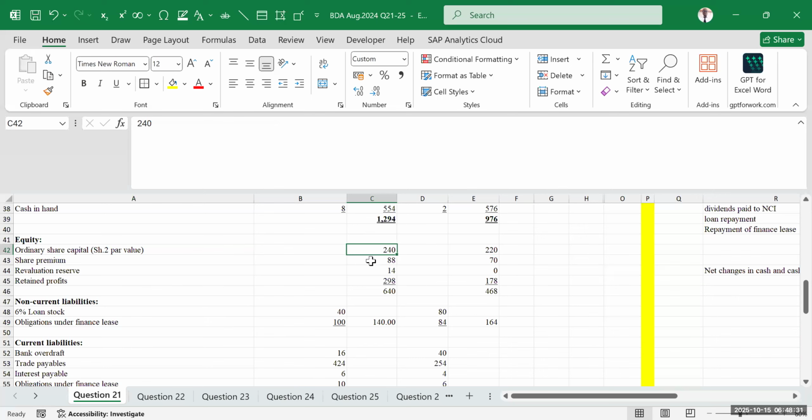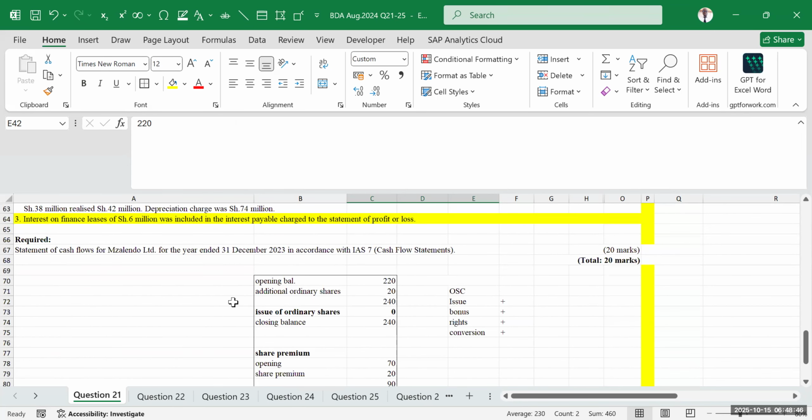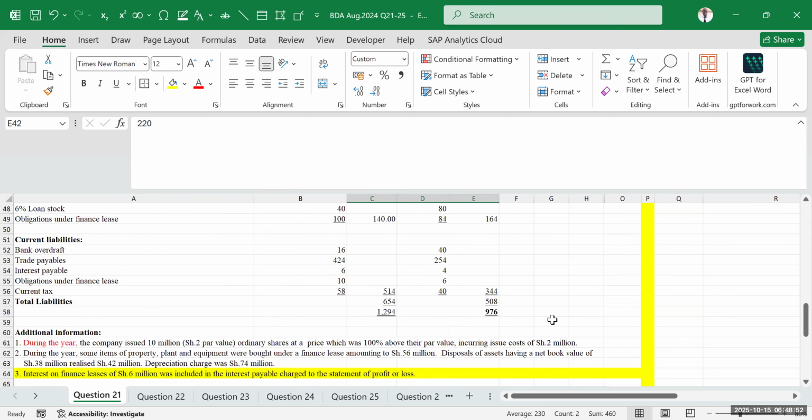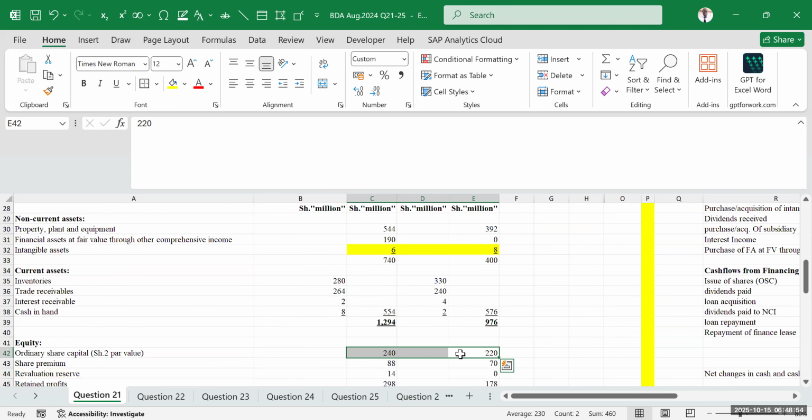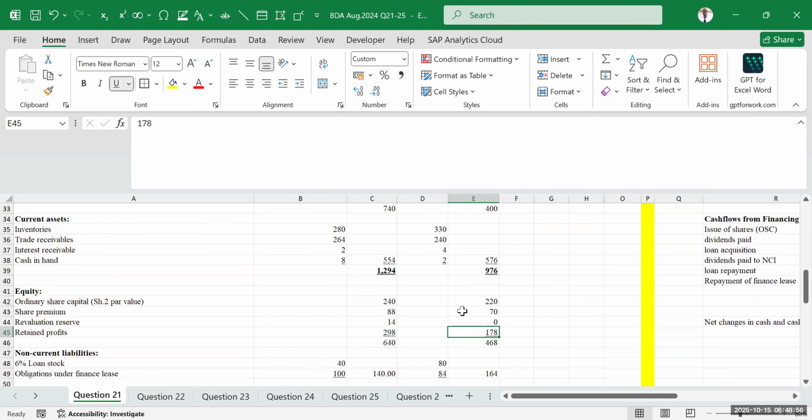What do you think might lead to the increase? This is essentially an issue or a conversion, a rights issue at par, or a bonus issue. Without a mention of bonus, rights issue, or conversion, that only leaves an issue of ordinary shares at par. That's what made the share capital account change from 220 to 240.